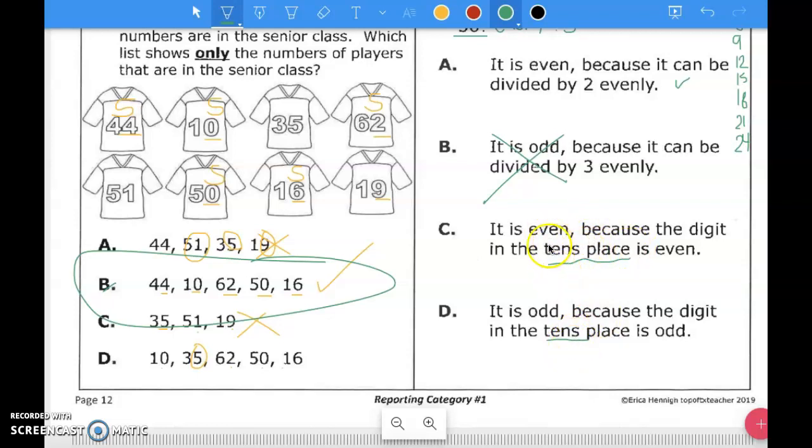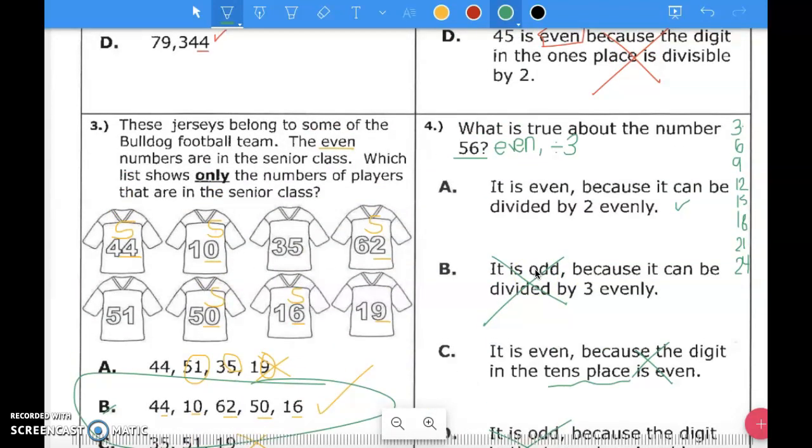Okay? I'm sorry, I was looking at letter C. It is even because the digit in the tens place is even. No, this is a distractor. And it is odd. No, it is not an odd number. Okay, this one was a distractor. So my correct answer was my first one.